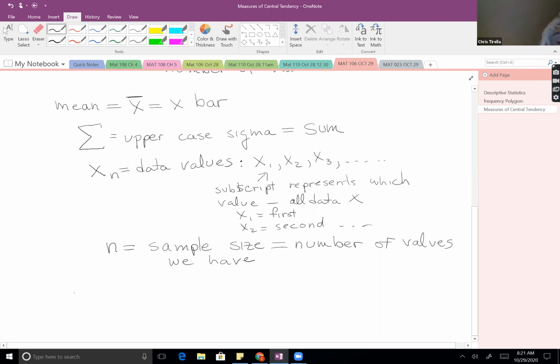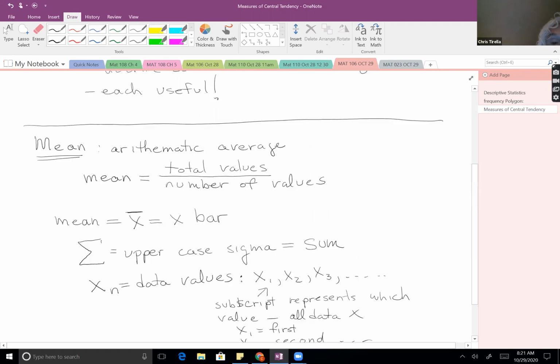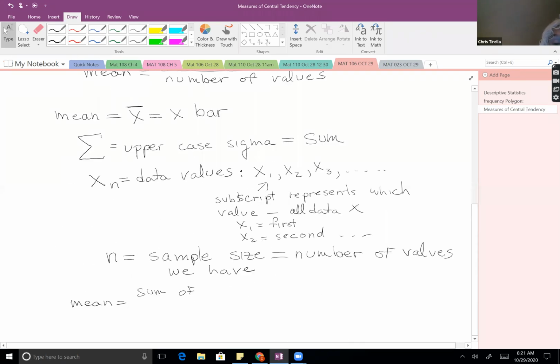And so before, where I said the mean is equal to the sum of the, what word did we use? The total of the values. Let's use the same wording. Over the number of values.